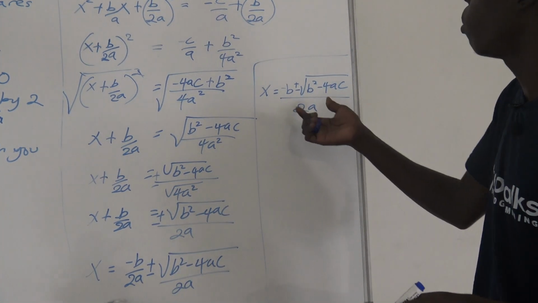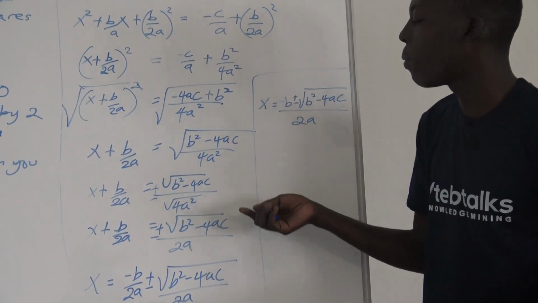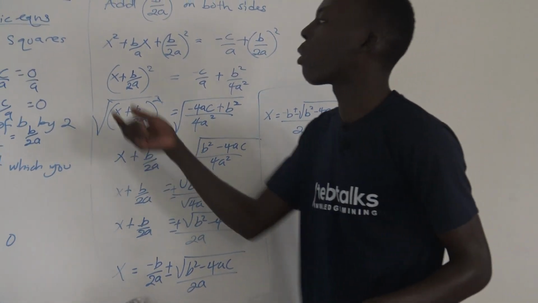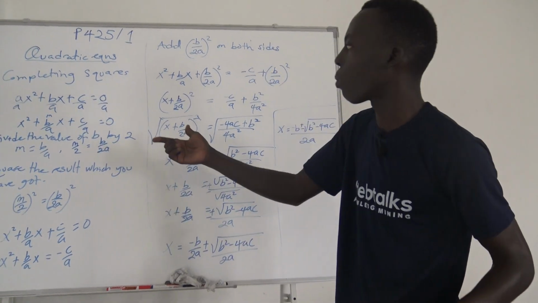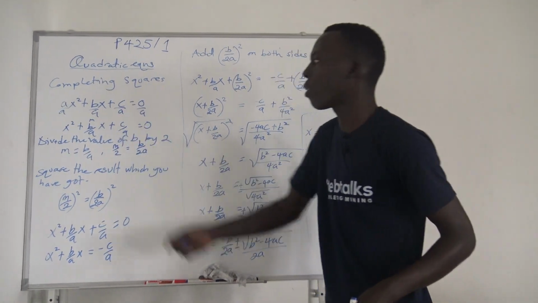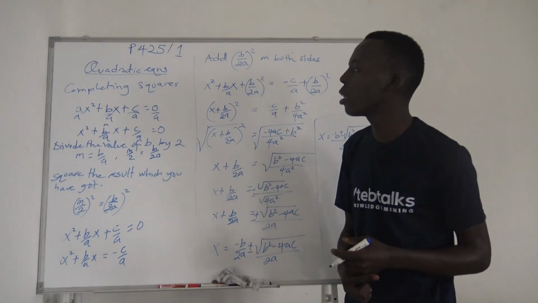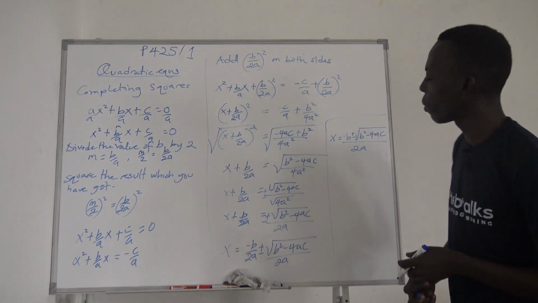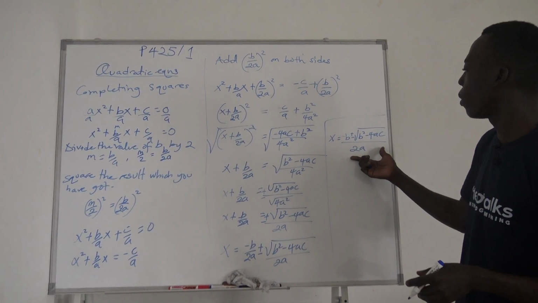So this one will be our result, which we get after applying completing the square on this equation, ax squared plus bx plus c equals 0. So we shall come out with this.